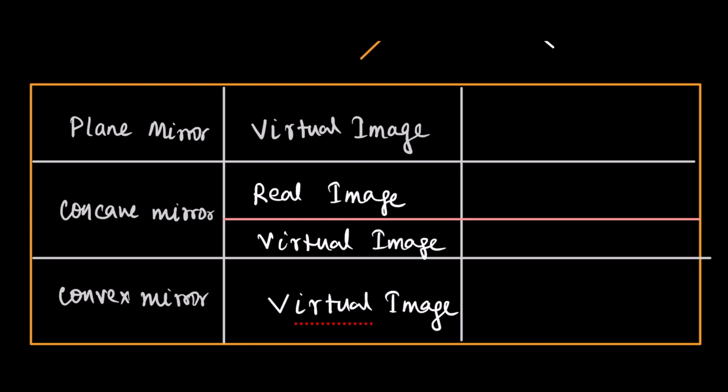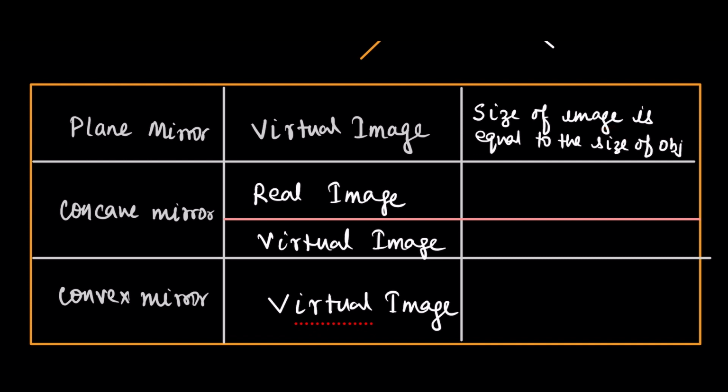So here one more thing we need to know, that plane mirror forms the virtual image and the size of image is equal to the size of object. Means in this case, Hi is equal to Ho.